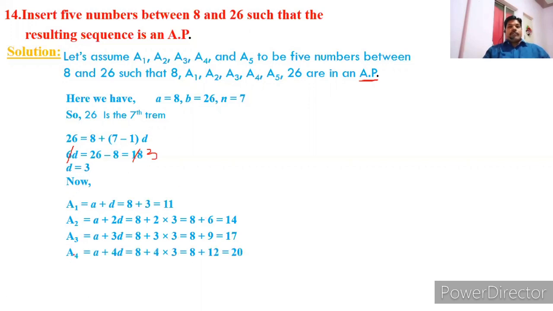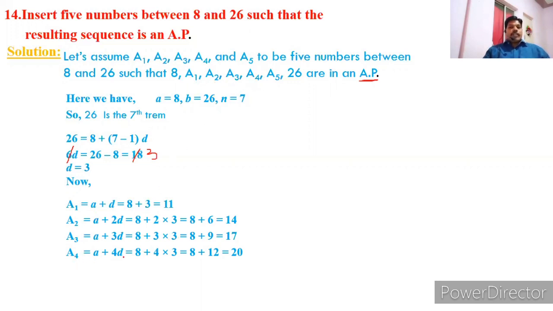So A4. What is A4? A4 is the arithmetic mean actually, but in the sequence, it is the fifth term. So A4 is equal to A plus 4D. Why? Because you can observe that: A plus D, A plus 2D, A plus 3D, A plus 4D.